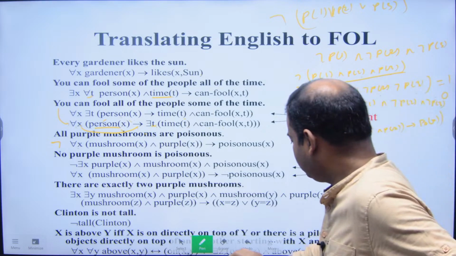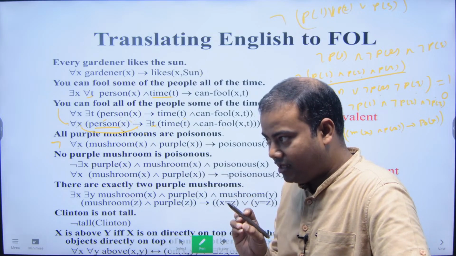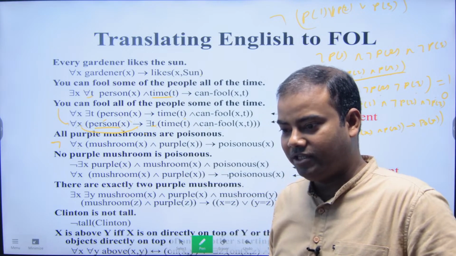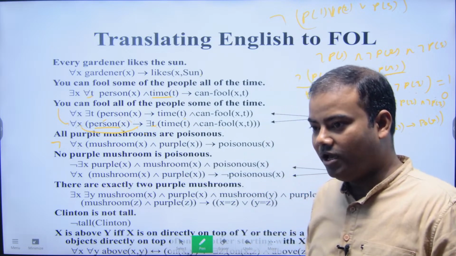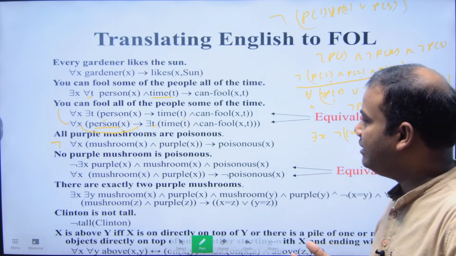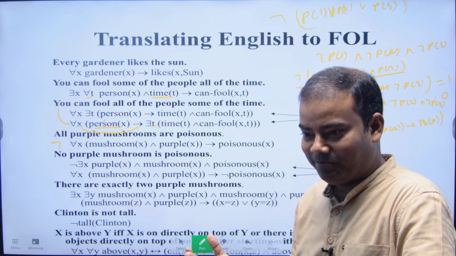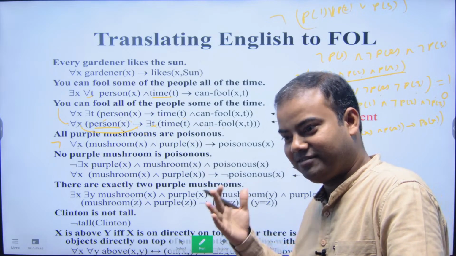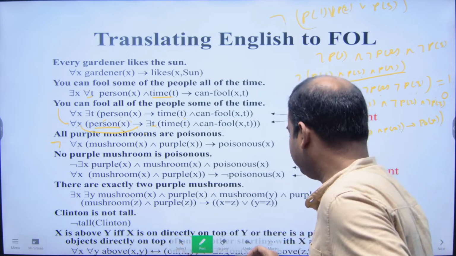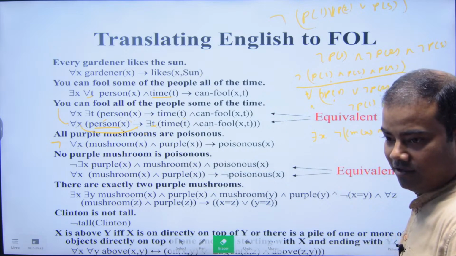Any doubt here? Because this is a very easy thing, but it is very confusing. In natural language, opposite sometimes means the whole opposite, but negation is not exactly that opposite. So this is the actual meaning of negation.